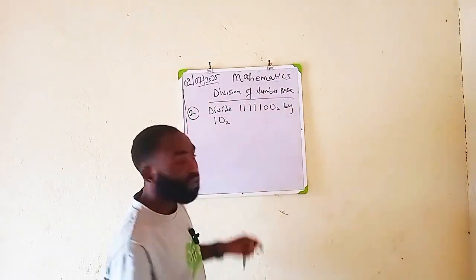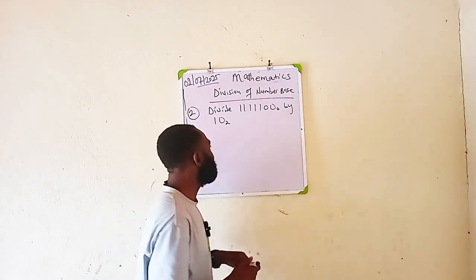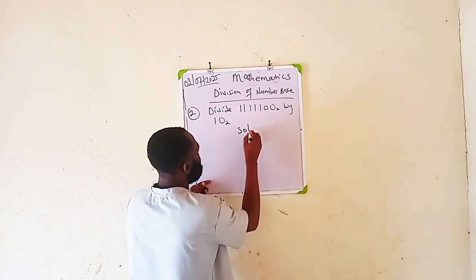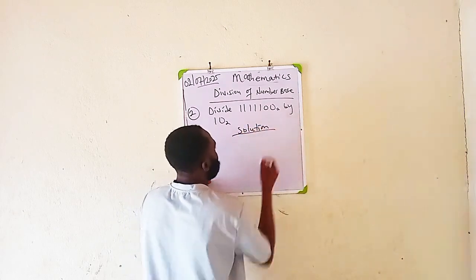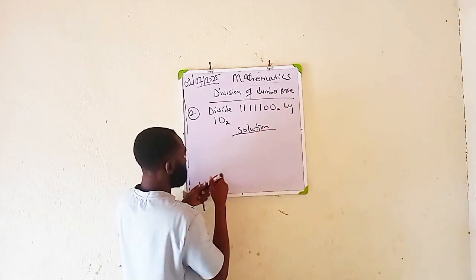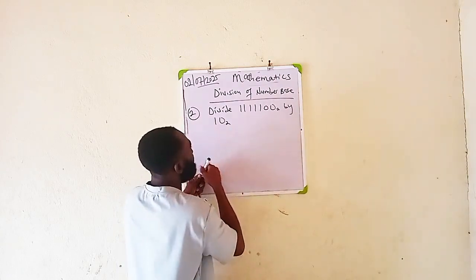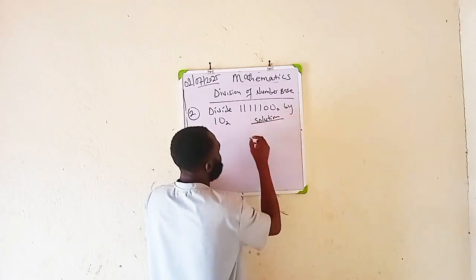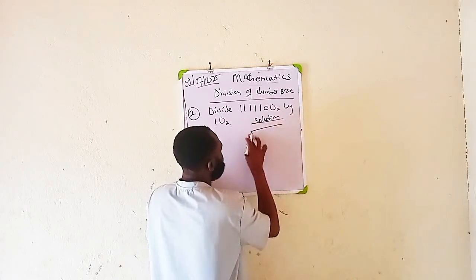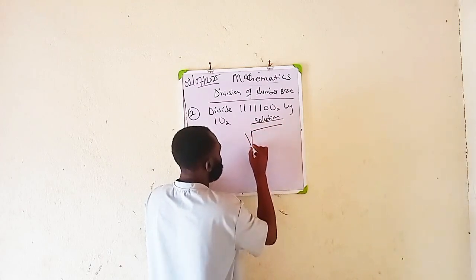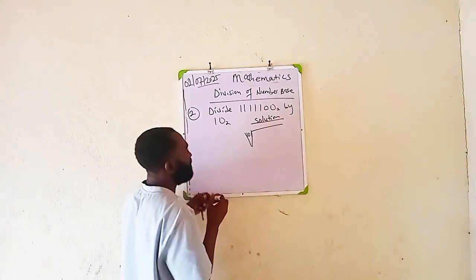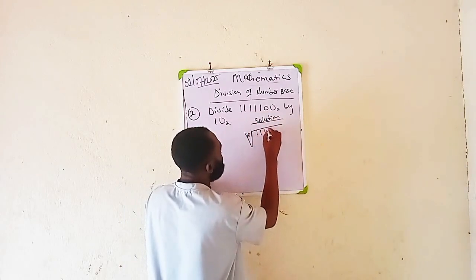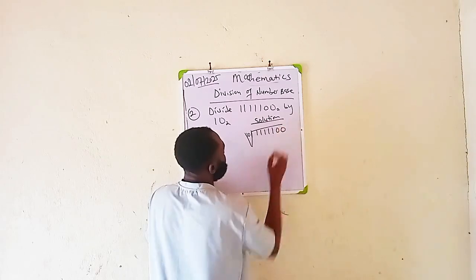So question 2 is in binary. We are going to apply the same method we applied in base 10, which is long division. Let's minimize our board. We have our divisor here. We are going to write our dividend, which is 1 1 1 1 1 0 0.